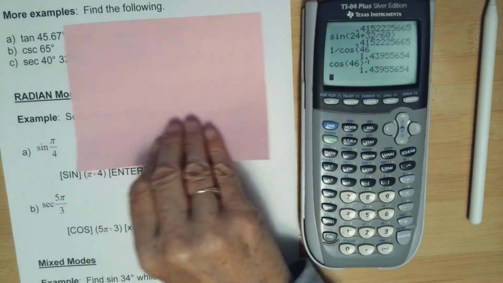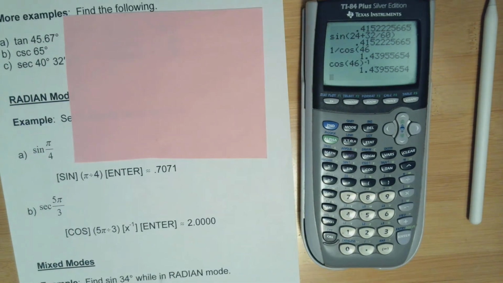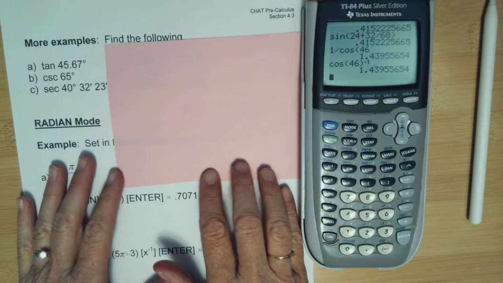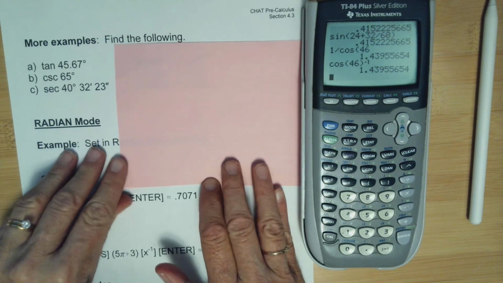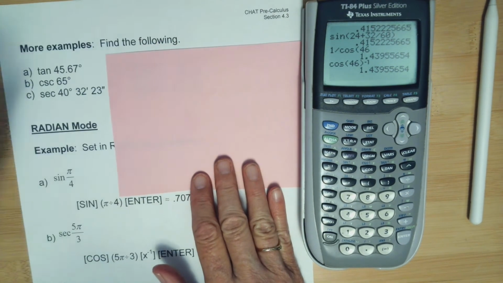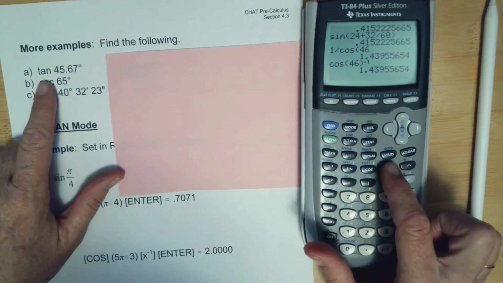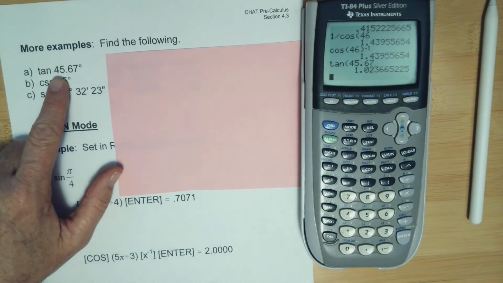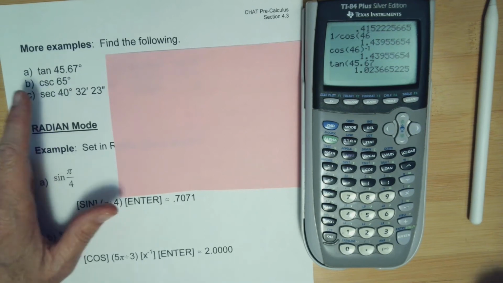My next page here, let's just look at a few of these to make sure that you can do them right. Actually, let's do all of them. So the first one would be the tangent of 45.67. Pretty easy. I get 1.023665 and so forth.